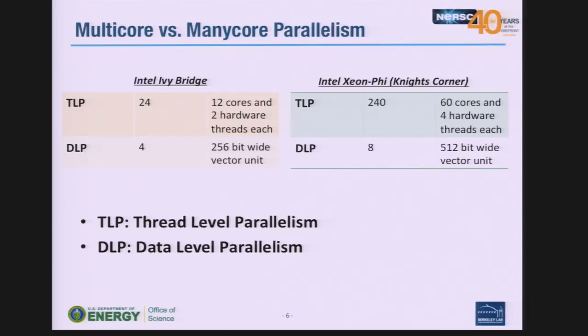What you can see is a significant increase in thread-level parallelism. On Ivy Bridge, there are 12 cores and 2 hardware threads or hyperthreads. And over here, there are 240 cores. So that's a significant increase. And your vector width is increasing by a factor of 2 as well.